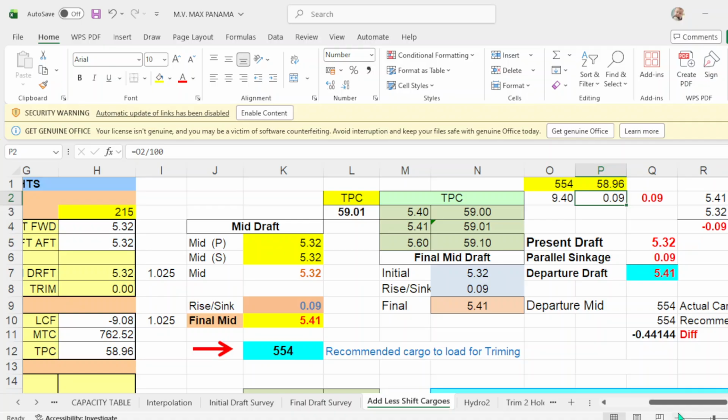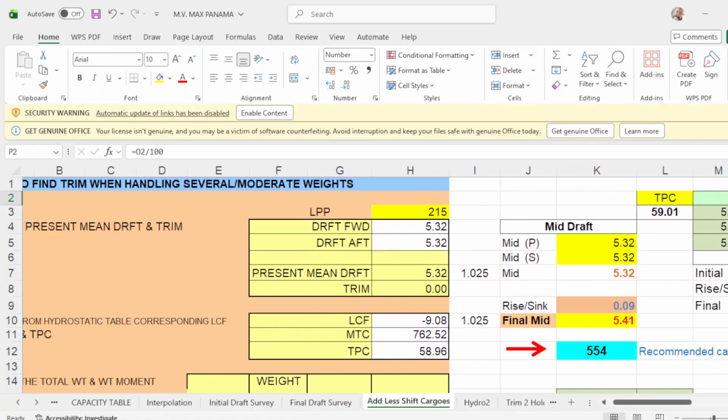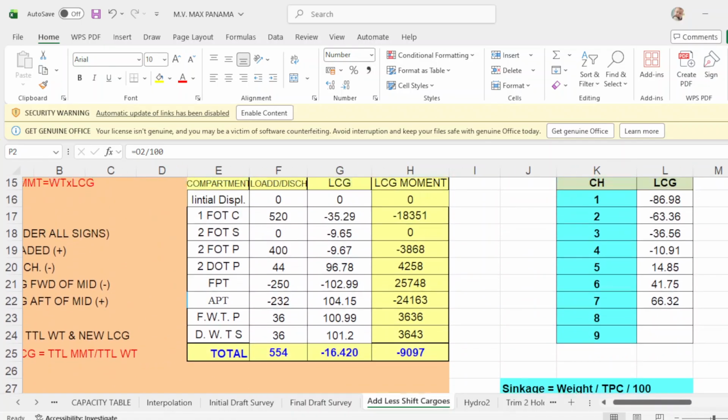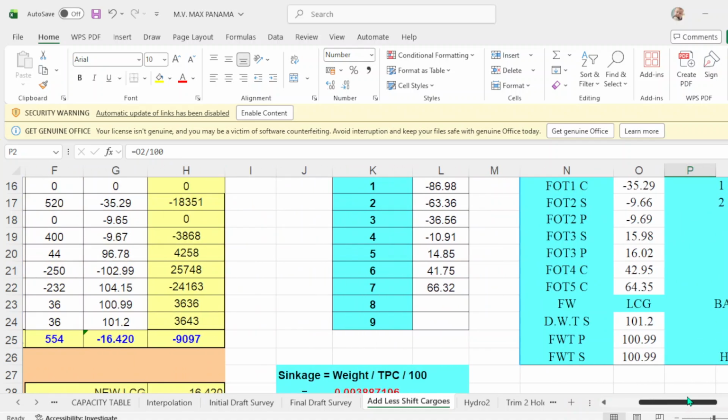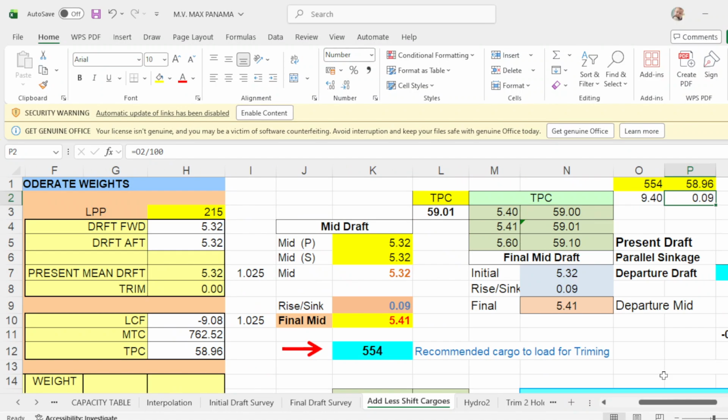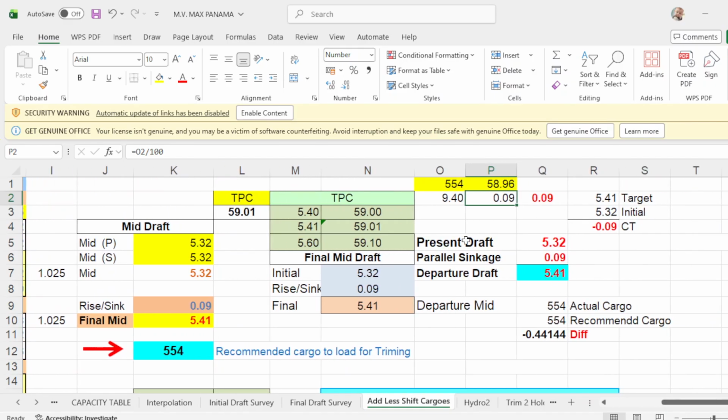Because you are going to load all these figures, a total of 554. That's why you add. Okay? So you add your initial drop or present drop of 5.32 plus your parallel sinkage of 0.09, which is this one. Then your departure drop will be 5.41.